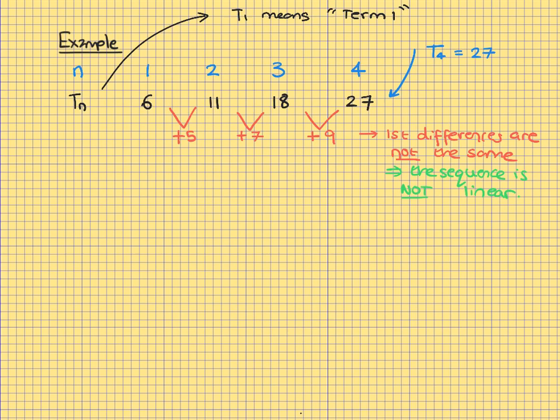So, we then investigate the second layer of differences. 5 to 7, there's a difference of 2. 7 to 9, there's a difference of 2. So it looks like the second layer of differences are the same.